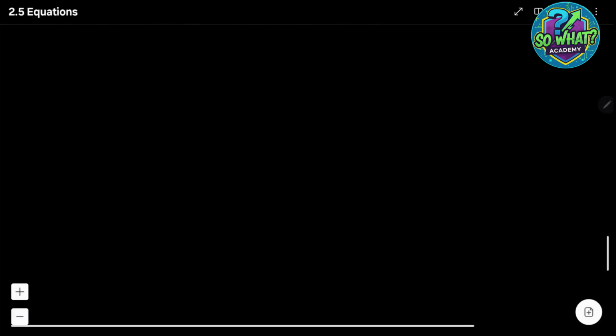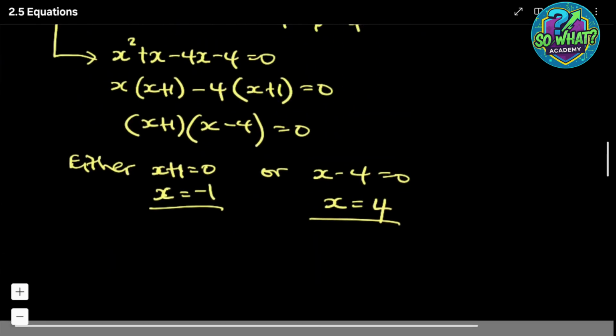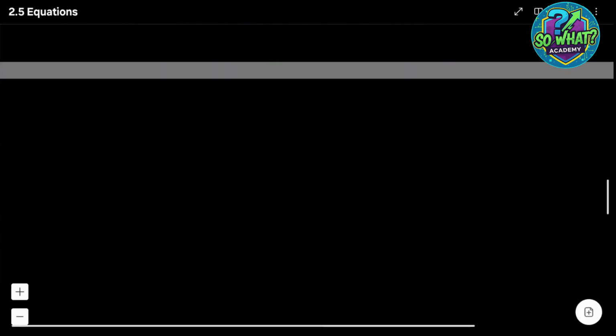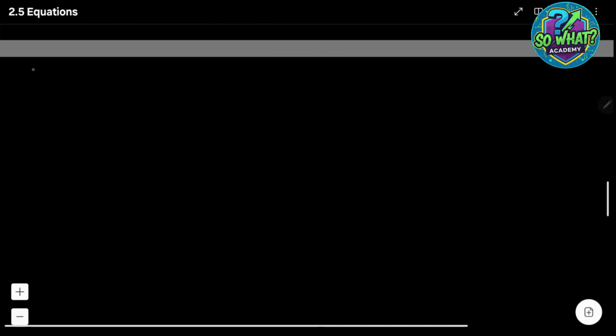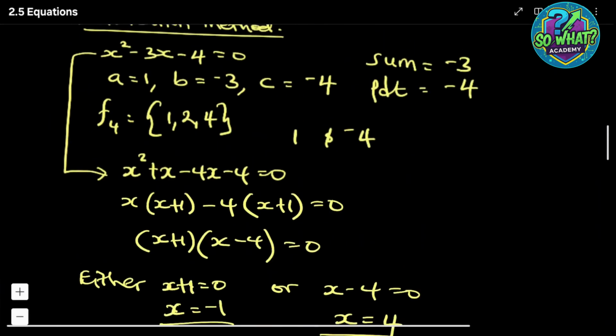So here we've used the factorization method, and next I want us to use the quadratic formula method. The quadratic formula still relates with A, B, and C. Let me first quote our question at hand.